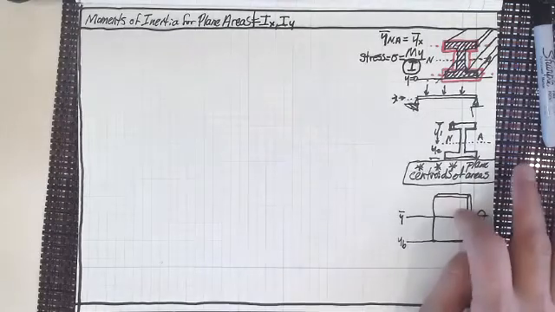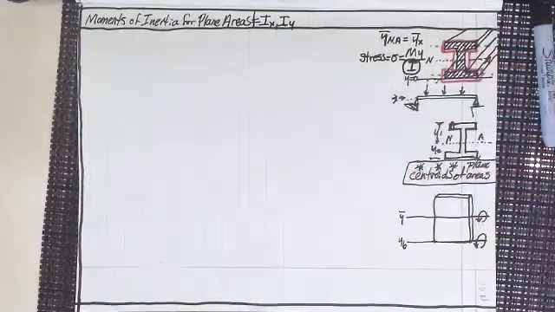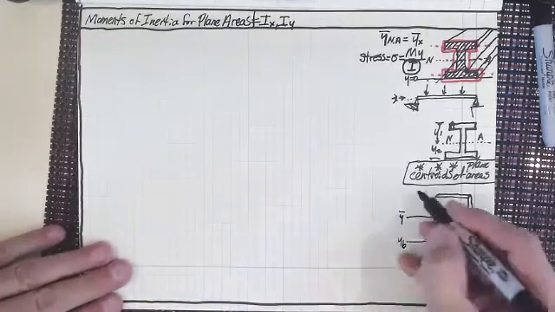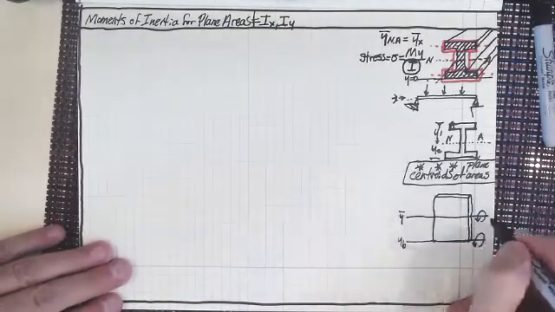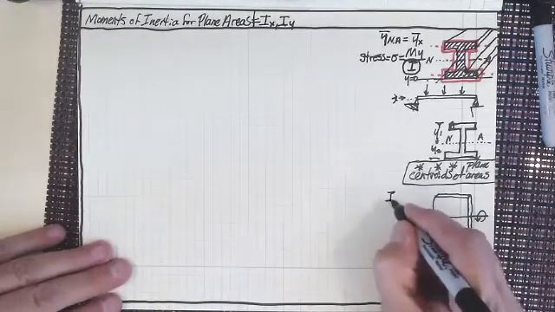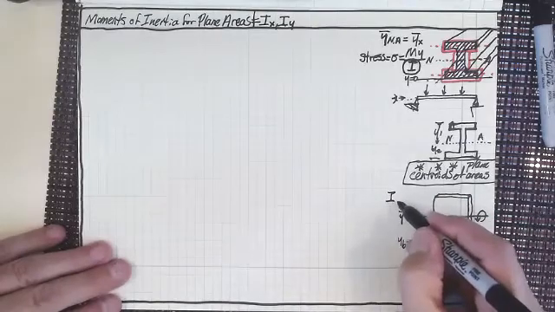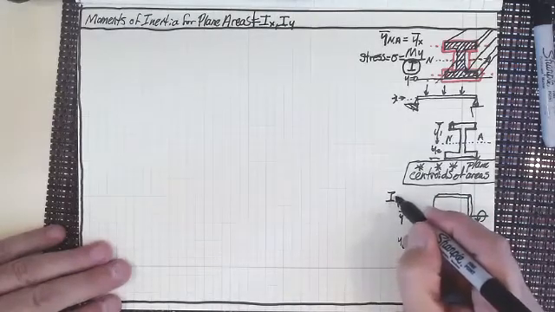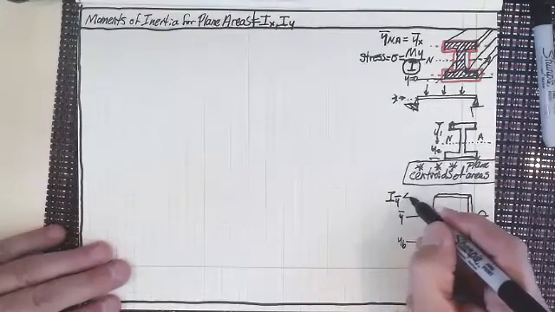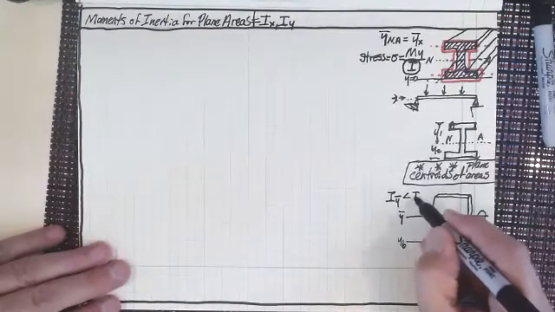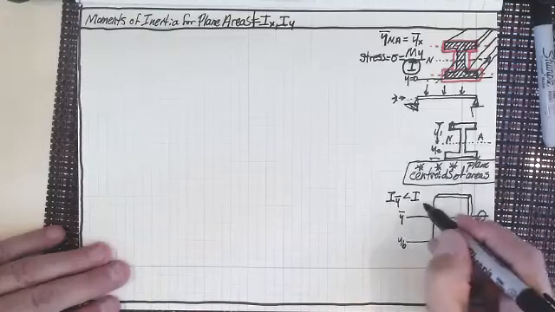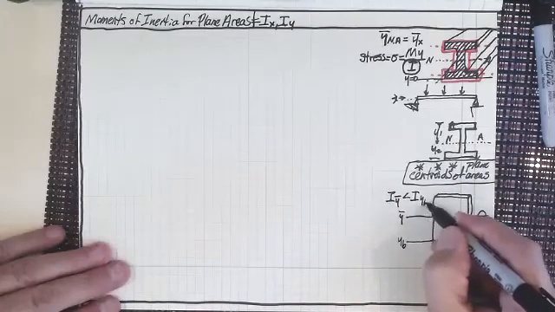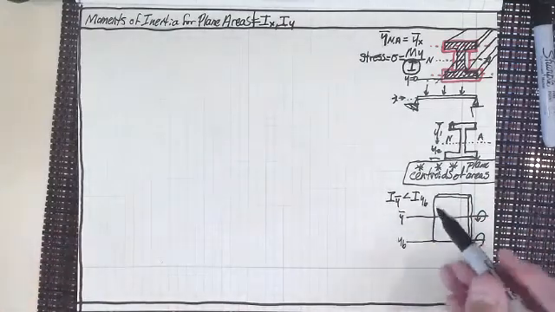That's true about moments of inertia for plane areas. And that's what we always see. So the moment of inertia about y is always going to be less than the moment of inertia about anywhere else, in this case y sub b. Always going to be less.